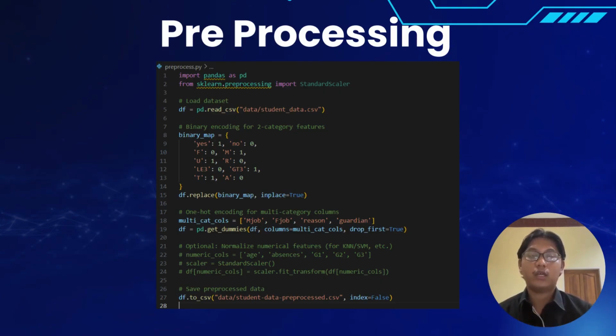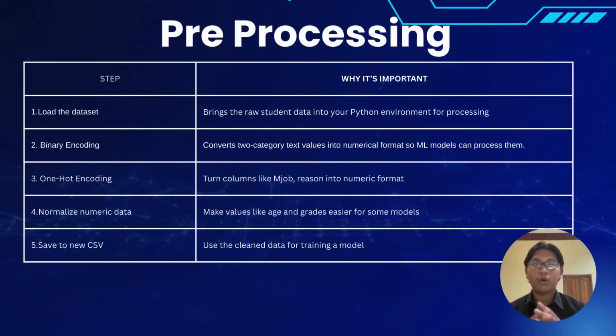So, this is a code of pre-processing. Before building our prediction models, we apply several processing steps to clean and prepare the data. We use binary encoding to convert yes or no values and gender into numerical form, and one hot encoding for columns like parental job and school related reasons.